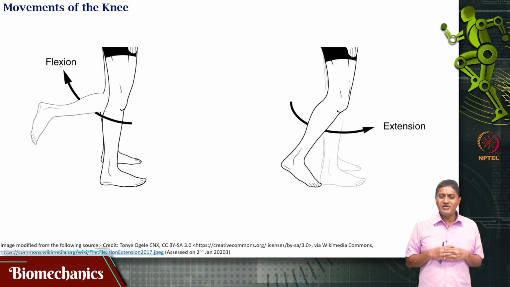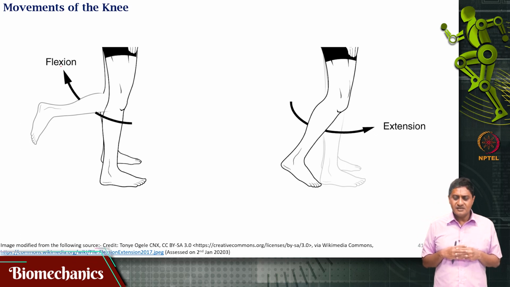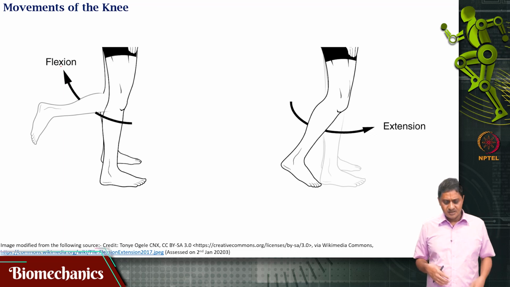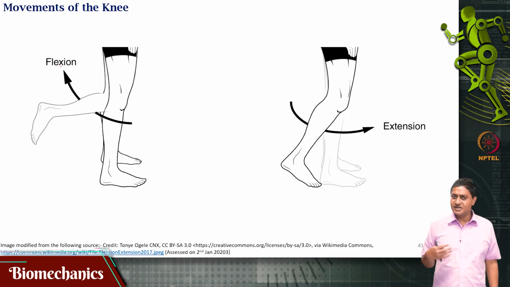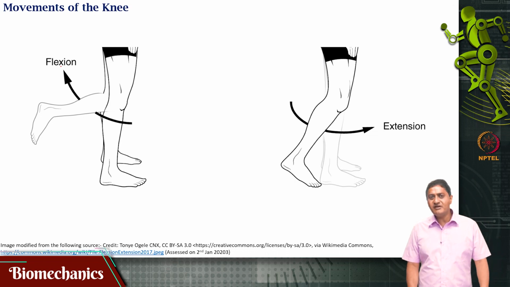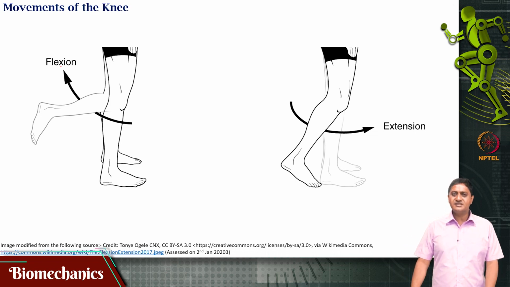So, what are the movements at the knee joint? There are only 2 movements that are possible, or of interest, essentially flexion and extension. Actually, when compared with the elbow joint, the knee joint is not a good hinge joint. It is not a perfect, or relatively more faithful, hinge joint, so to speak.